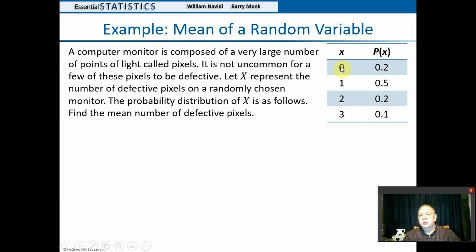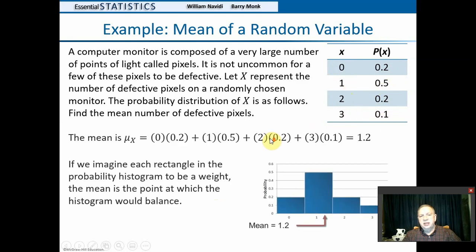So what we're going to do is multiply each x times its probability, and then just add these up. So the mean, the expected number of pixels being defective, would be 0 times 0.2 plus 1 times 0.5 plus 2 times 0.2 plus 3 times 0.1. So I would expect if I went out and did 1,000, the average number of pixels that were defective would be like 1.2.